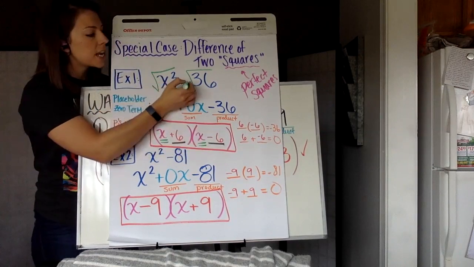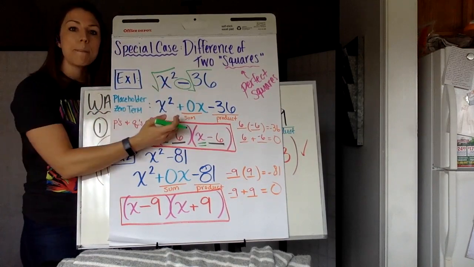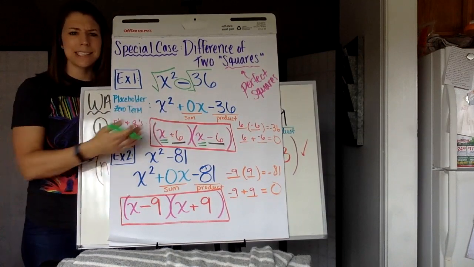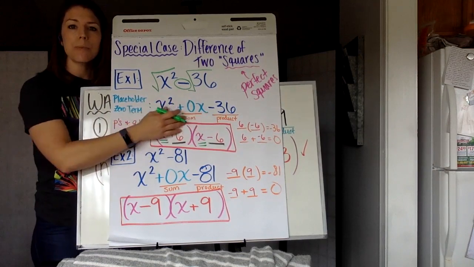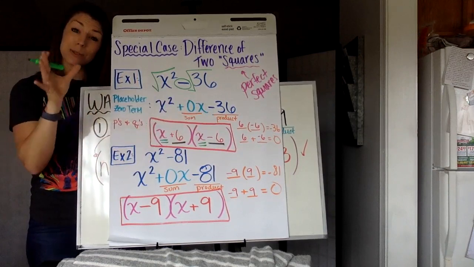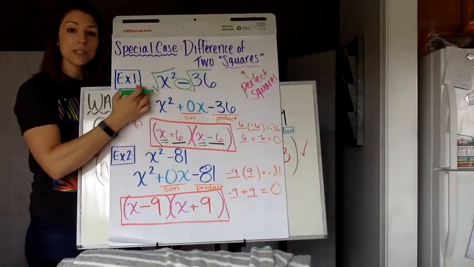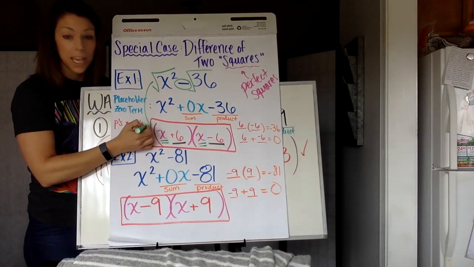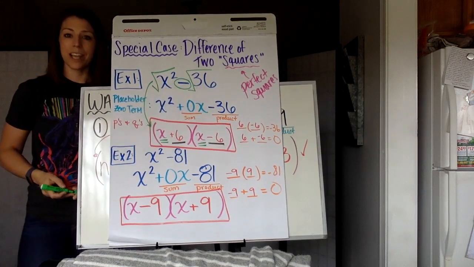That's because this is a difference. It's subtraction. And that middle term has to add up to 0. And 6 plus 6 doesn't equal 0. Negative 6 plus negative 6 doesn't equal 0. So the trick here, and this is what we're going to learn about, or the shortcut, is when you're given a difference of 2 squares, you can jump straight into the answer just by taking the square root of the first term and the square root of the second term.